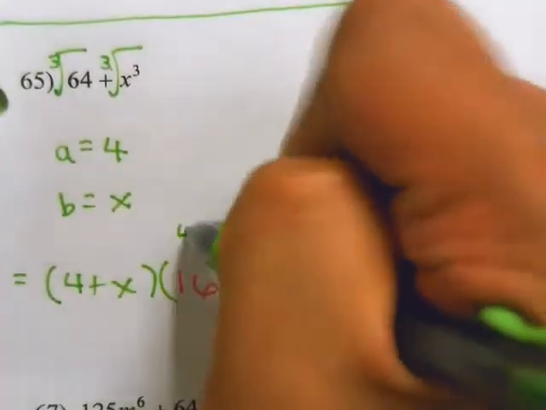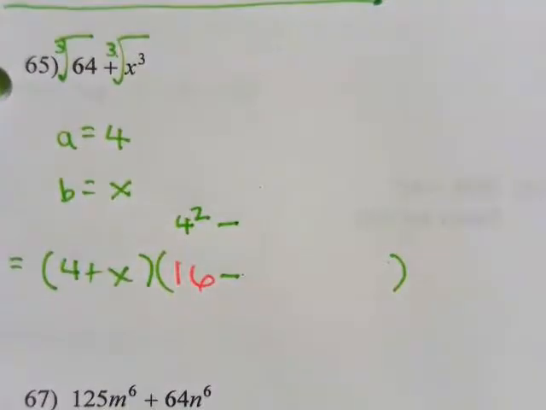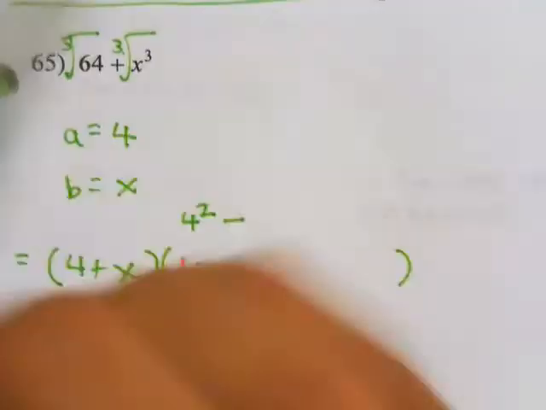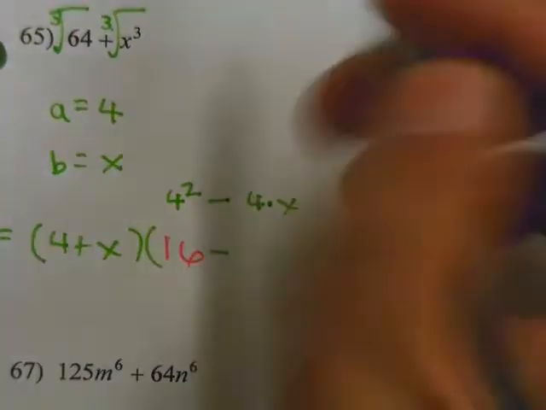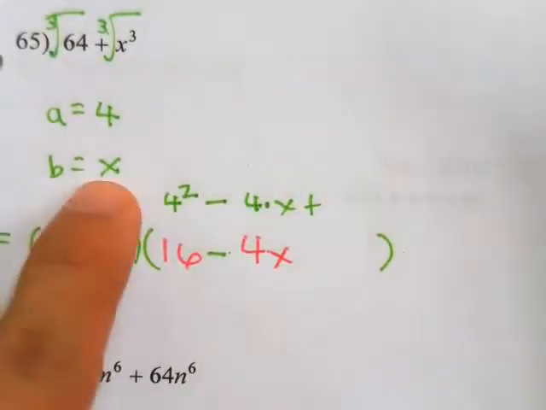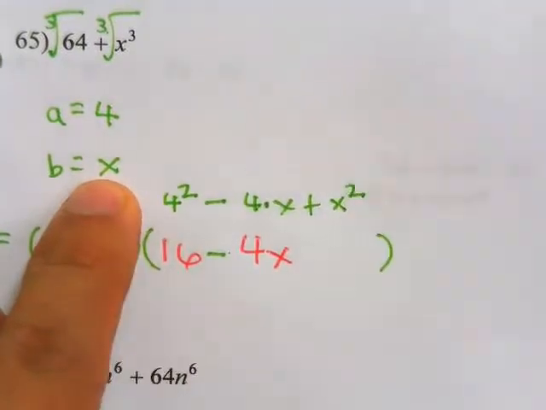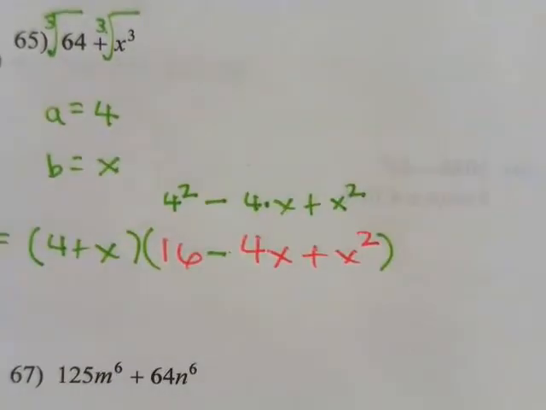So that is the 4 squared. Okay. Minus a times b. This is going to be 4 times x. So that's going to be 4x. And then plus your b squared is x squared. Okay. So that's going to be plus x squared.